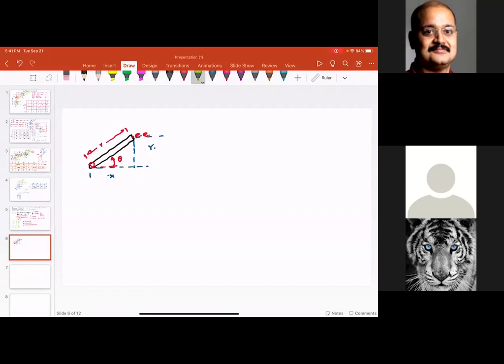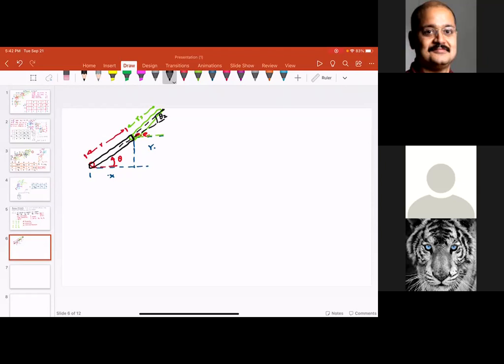That's fine. So let's add one more joint to it. If I add another joint to it, then I have another link. So this is going to be R2, and this angle is going to be theta 2.